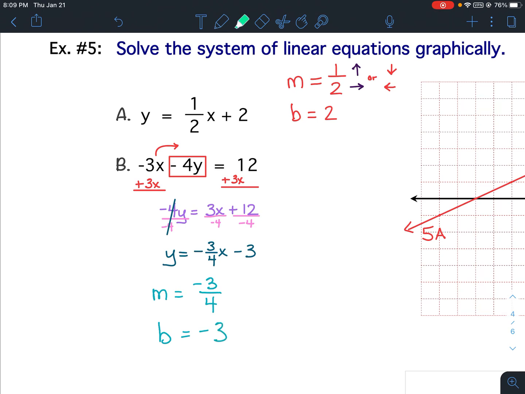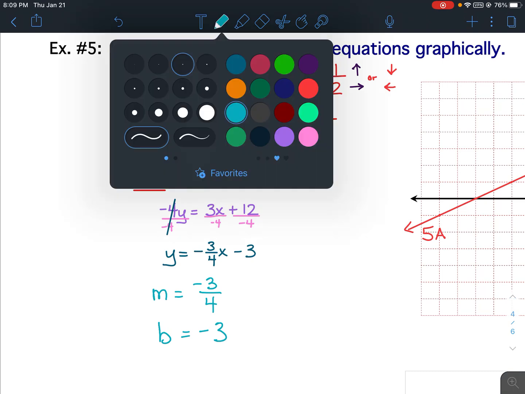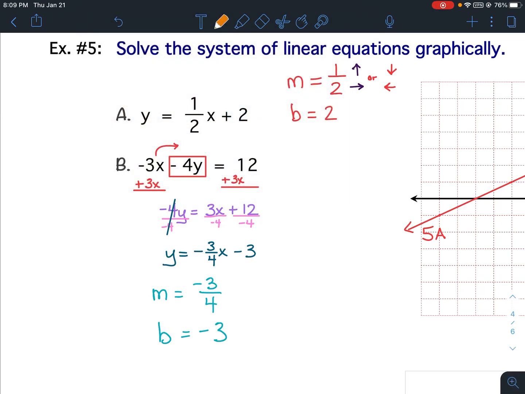Again, if you compare the slopes, this is 1/2, this is -3/4. The slopes are not the same. Since the slopes are not the same, I know that slope A does not equal slope B, and if the slopes are not the same, they are intersecting lines.